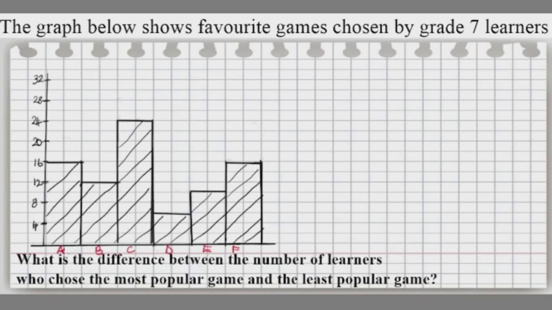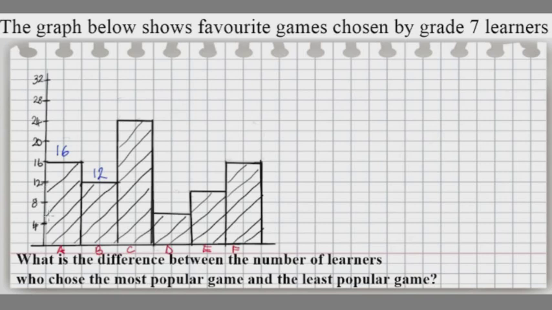So we have the first game here, A, which was preferred by 16 learners. So in this case we will write in here 16, and then we have the second game which was preferred by 12 learners. So how to identify the number of learners who preferred the particular game?